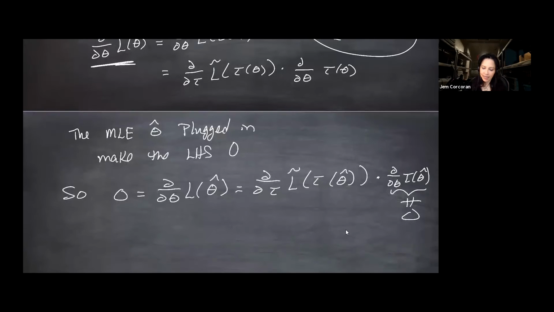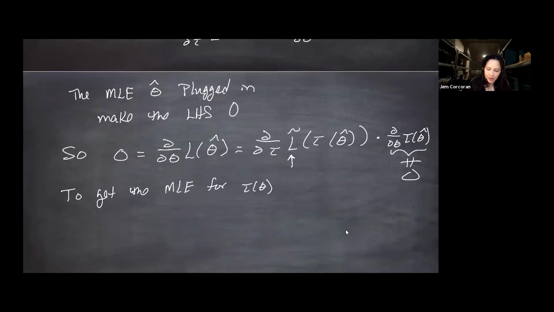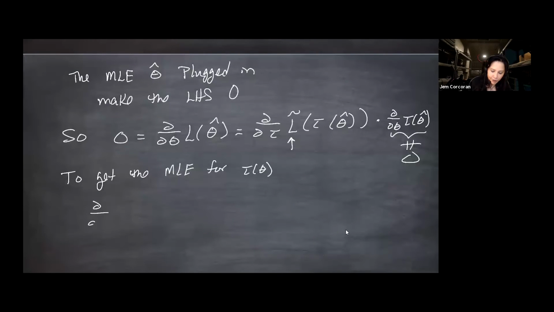And so what we're seeing is that the thing that zeroes out the L tilde should be, by definition, tau hat. So to get the MLE for tau of theta, we're going to take the derivative with respect to tau of the likelihood and set it equal to 0, and we're going to solve for tau.